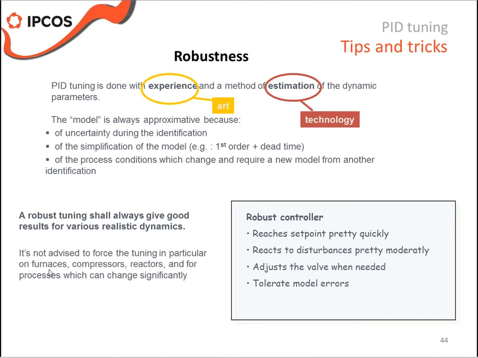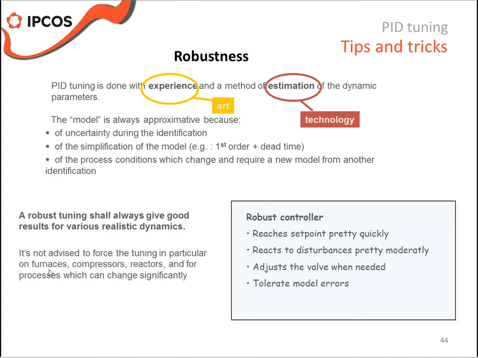So you want to span the full variations that you see in the plant, as well as the disturbances you would typically see on your plant. And in terms of building that robustness into the PID loop, we can use the software that we have to calculate that robustness, as well as design the robustness to some extent.